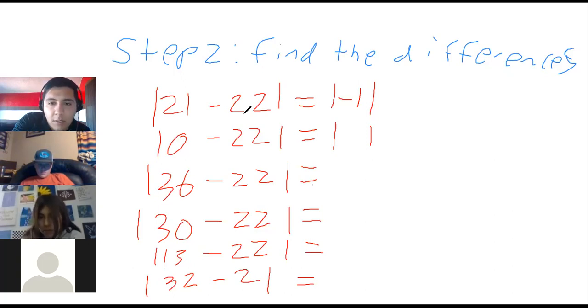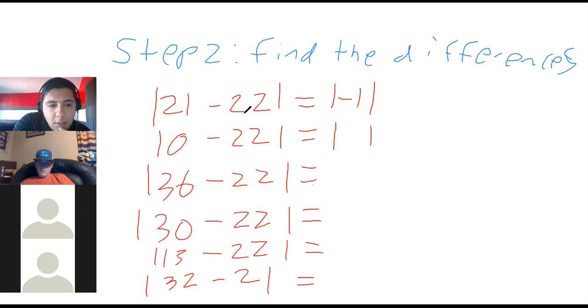Okay. So what should that be? 0 minus 22? 22. And more specifically, negative 22.